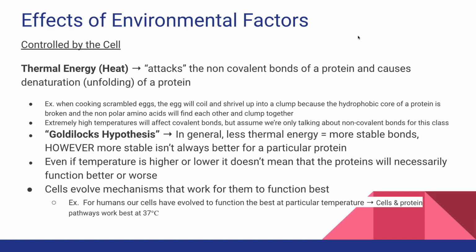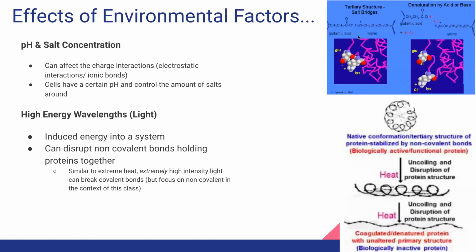Like I said, Dr. Francis talked about this. The cells need to be just right so that ligands can bind and unbind and they can execute their functions. Then pH and salt concentrations can affect your ionic bonds, because the charges present in the cell can be broken and then want to bind with something else, which will disrupt your ionic bonds.